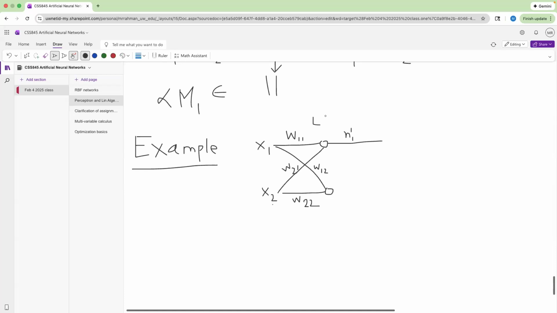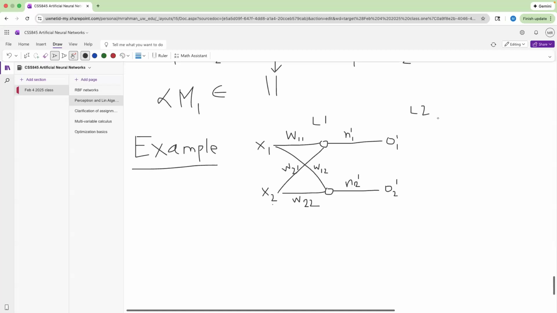This is going to be my layer 1, and next I'm going to have a layer 2. So this output is N21. And here I'm going to say this value is O11, and this value is O21.